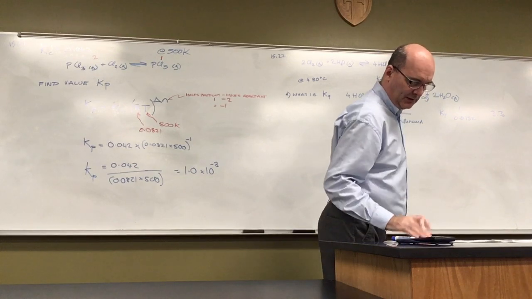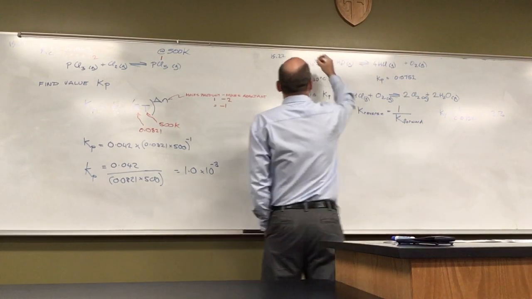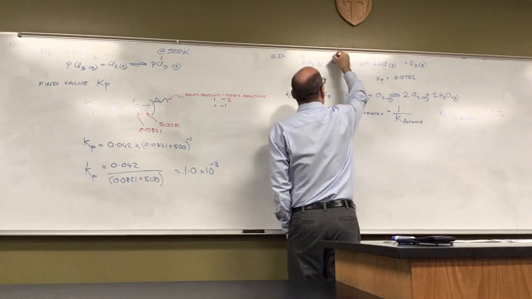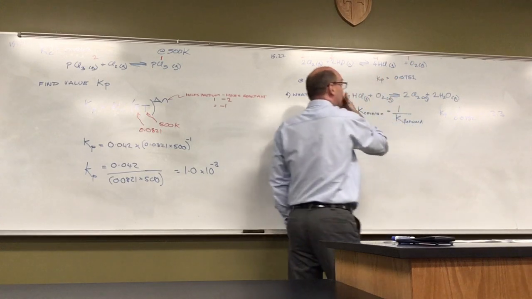We're back to it being the first way around. So, here I have a 2, and I have a 2, and I have a 4, and I have a 1.